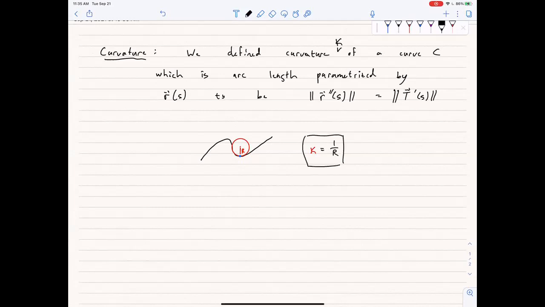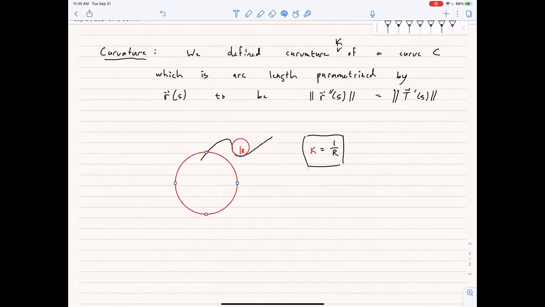In particular, if you have a very flat region, like over here, you can imagine you're going to need a very big circle to get that curvature. So the radius is going to get very large, which means the curvature is going to get very small. 1 over a large number is very small.